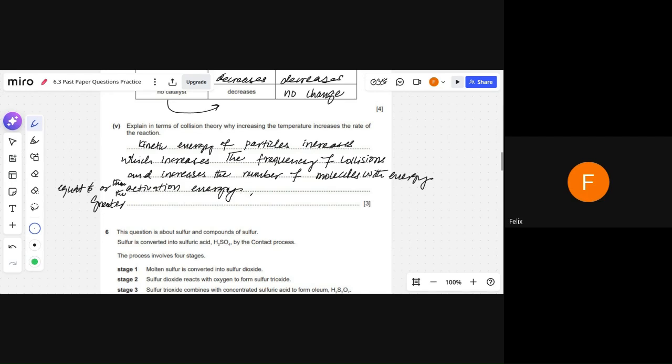So that is why the rate of the reaction will increase. Okay, so I hope this is clear.